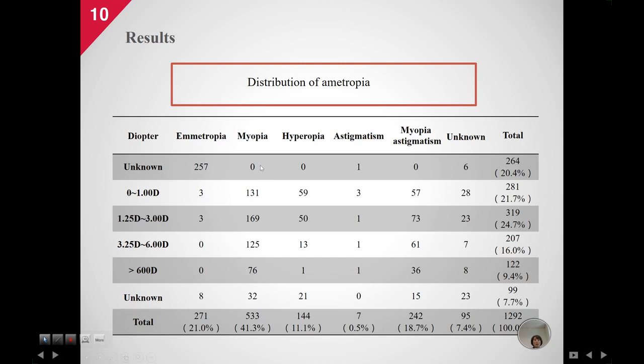Regarding the numbers, 1,292 people belong to the high group, and 533 people have myopia.